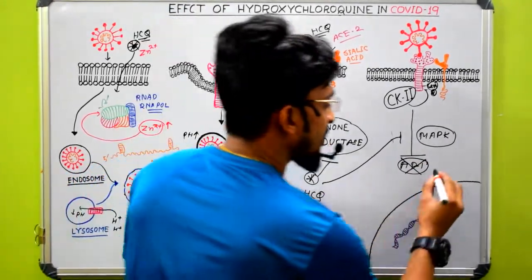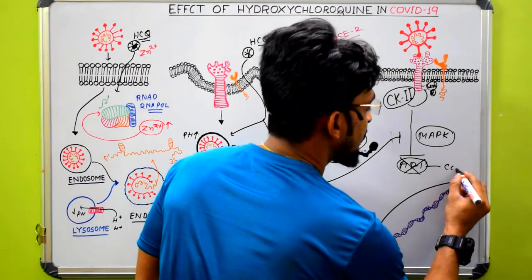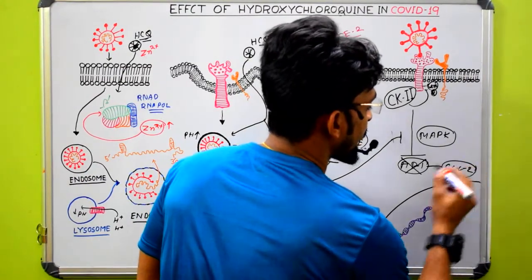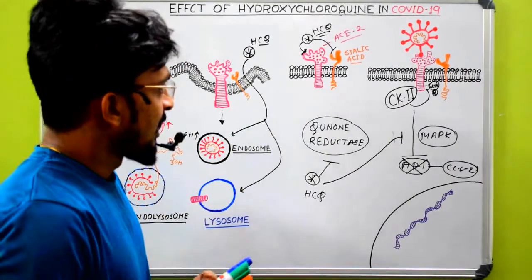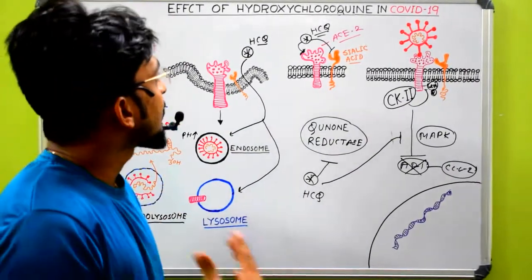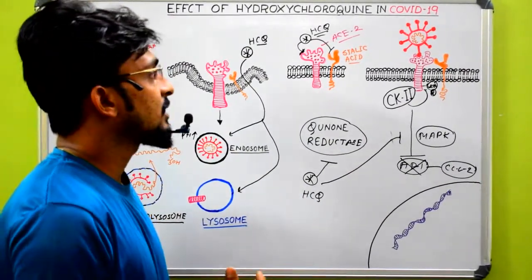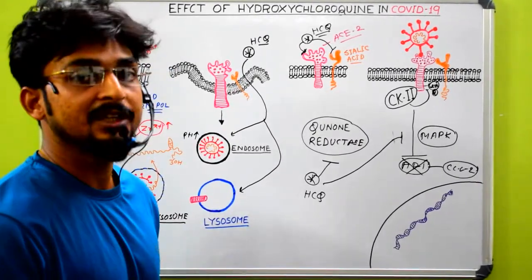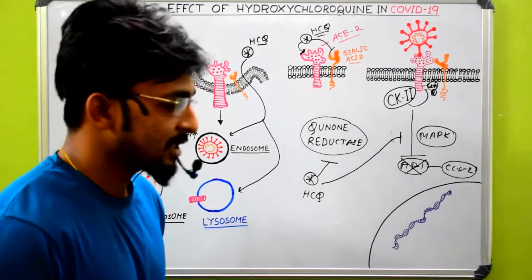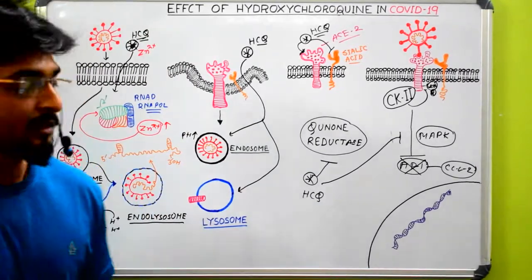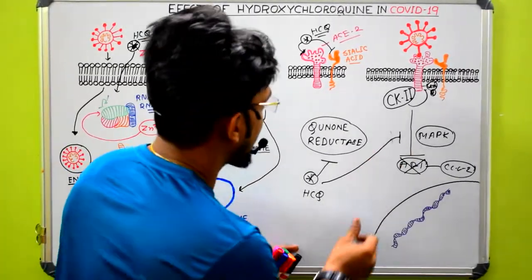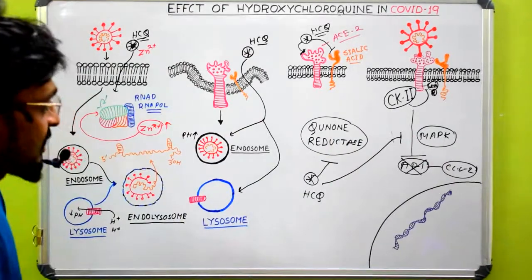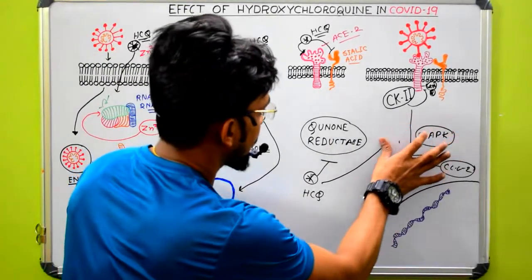Okay, so there is no production or formation of CCL2. This is another thing. And another effect of the hydroxychloroquine, a very important effect, is the anti-inflammatory reaction or agent. So let me erase that part, otherwise there is not that much space to draw the picture.